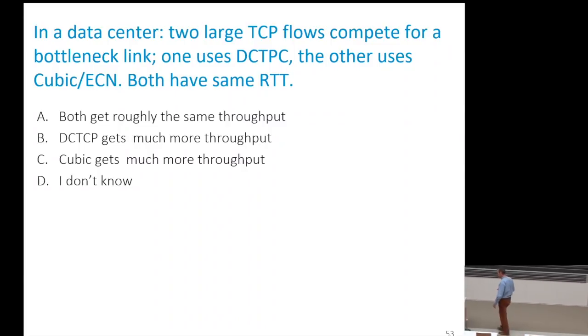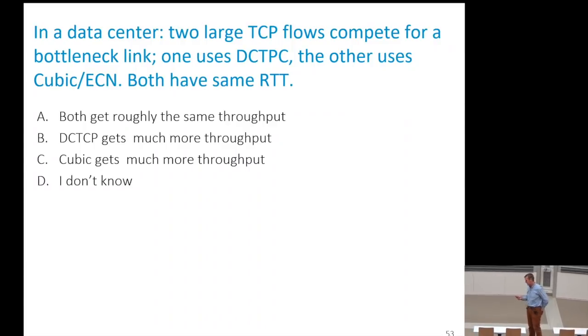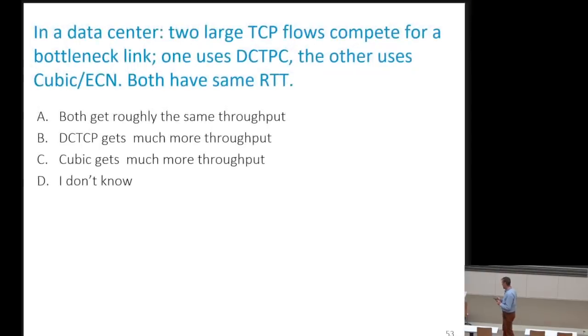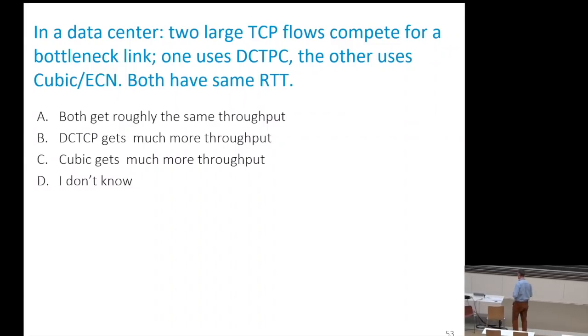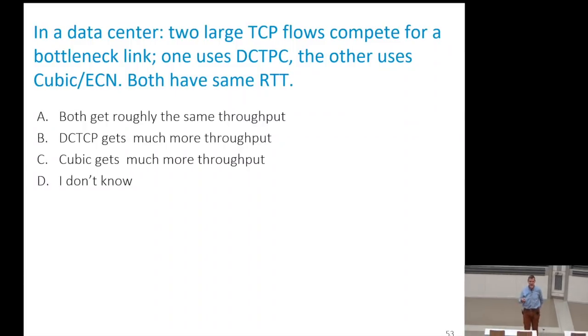Now, if in your data center you would have both data center TCP and, let's say, Reno or Cubic, it doesn't make a lot of difference here, what do you expect to happen? Well, the question is a bit tricky, because if we compare to TCP Cubic, we need to know what the increase is that data center TCP is doing.